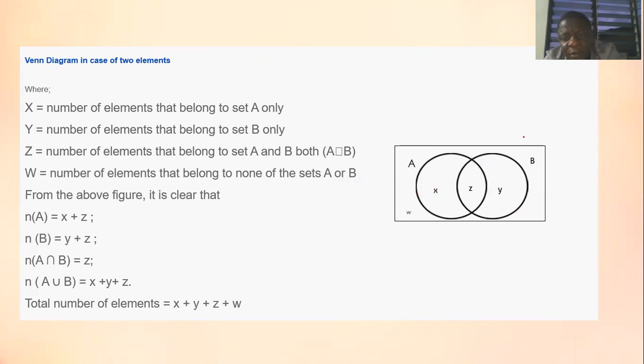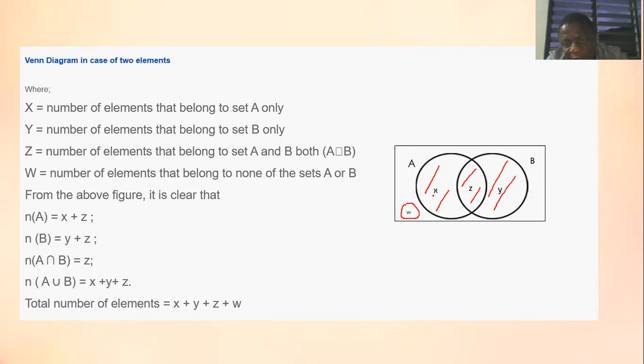When we have the illustration on the Venn diagram, where we saw 1 and 5 being only in Q, we can represent that region using the Y. Only in X, we can represent that region by the X. Then the intersection with Z. Whereas the complement will be represented by the W. This implies that all the members found here, when we put them together, would then become the members of the bigger set, which is the universal set.